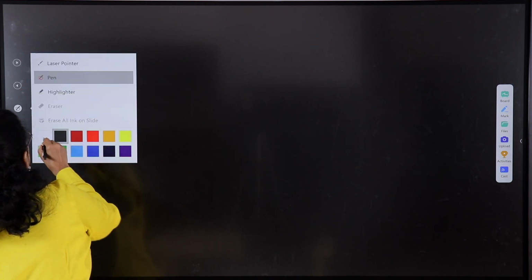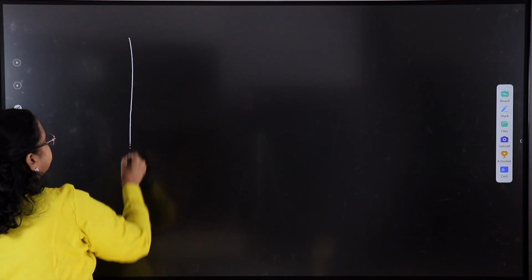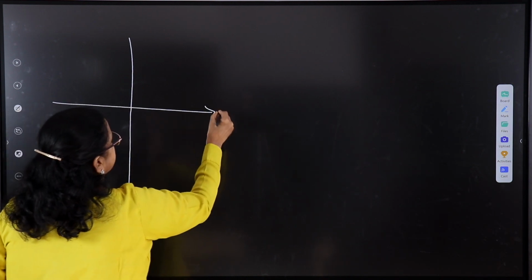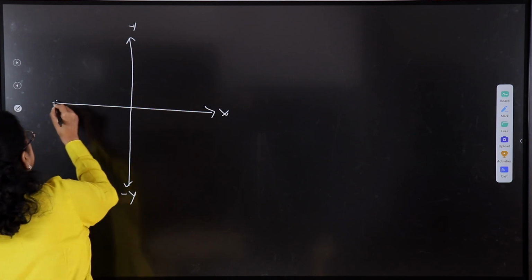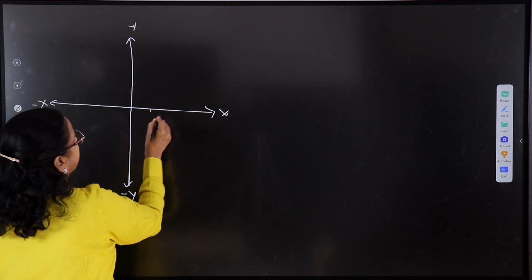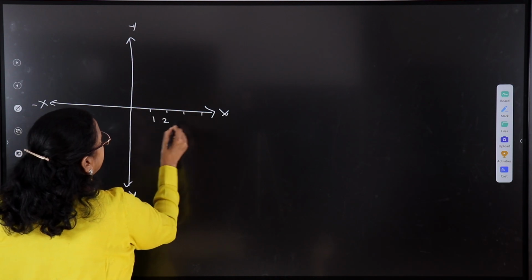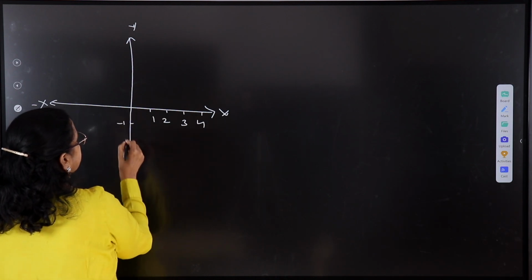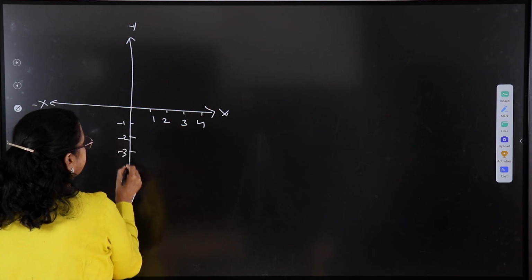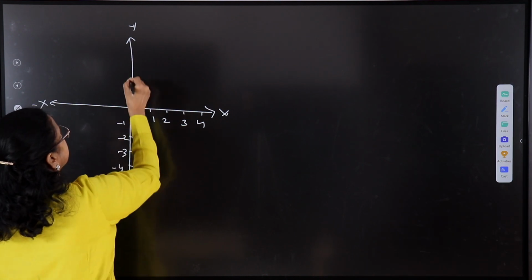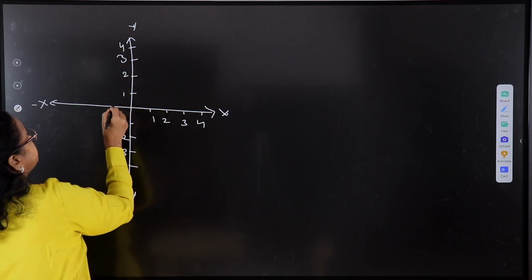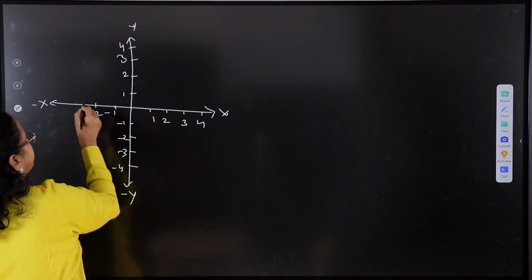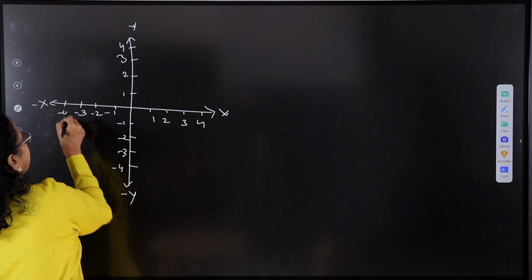Suppose in the graph, this is x, this is y, negative x, with 1, 2, 3, 4 and minus 1, minus 2, minus 3, minus 4 on the axes.